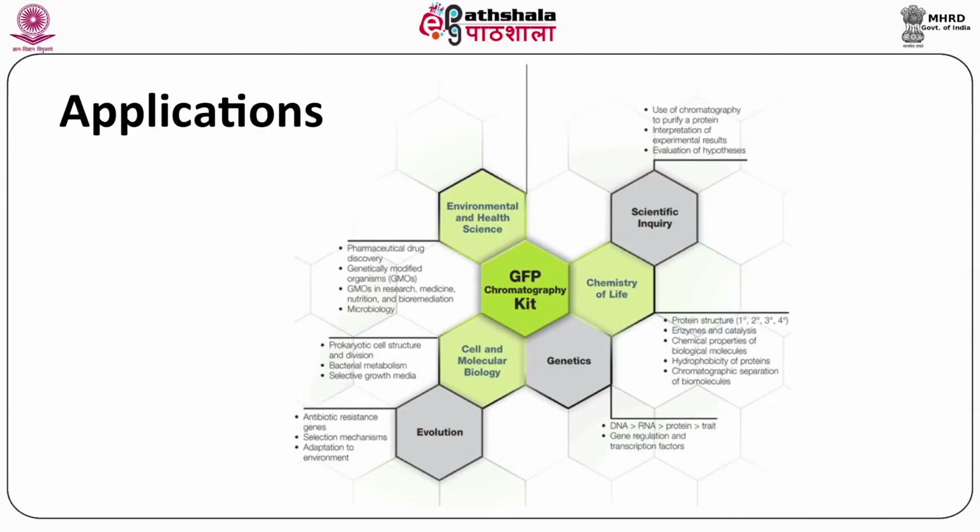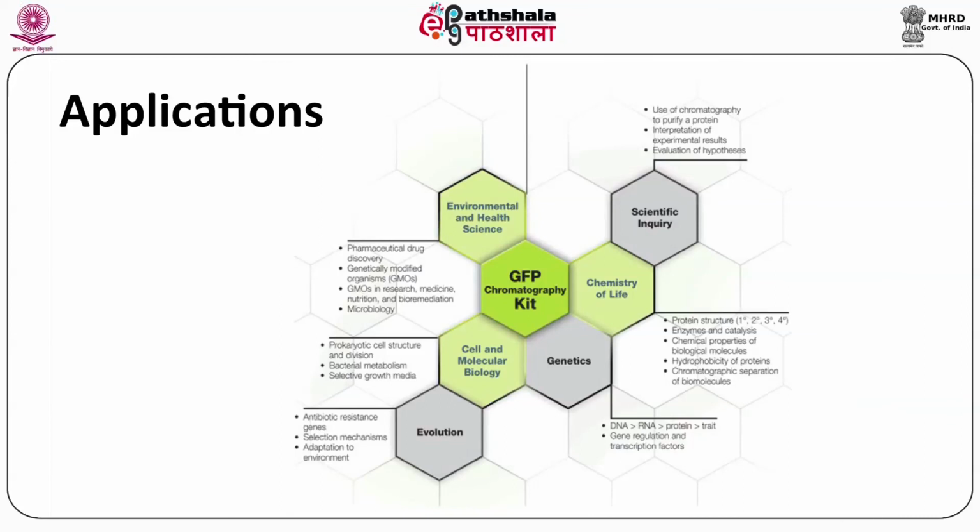GFP can be used in the area of evolution for antibiotic resistance genes, selection mechanisms and adaptation to the environment. It can be used in genetics to see DNA, RNA, protein and trait correlation, then genetic regulation by transcription factors.